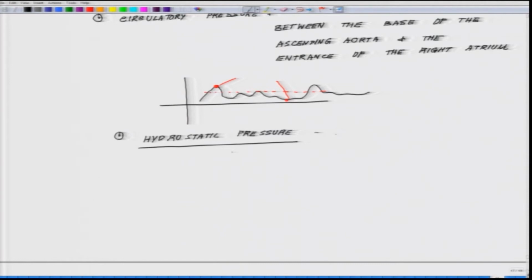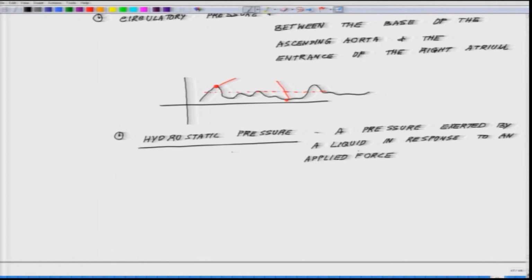This is all in the context of circulatory physiology we are talking about. That is the hydrostatic pressure.